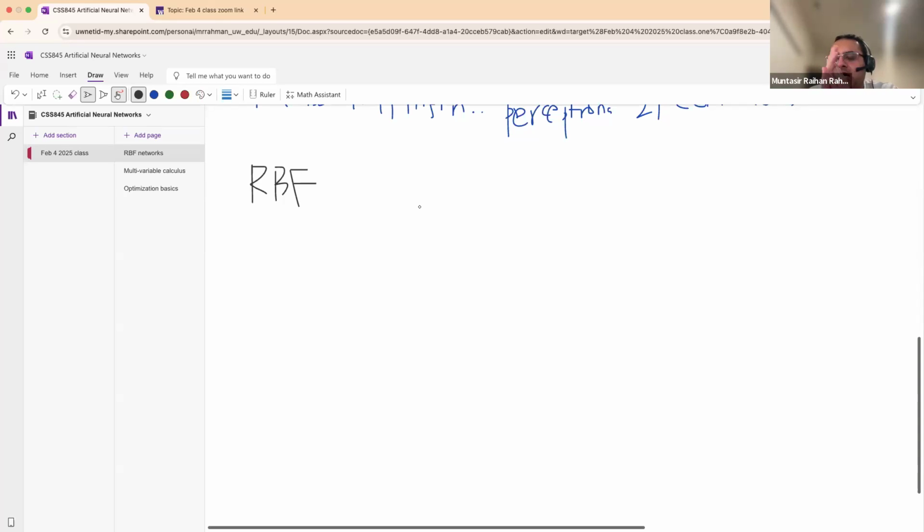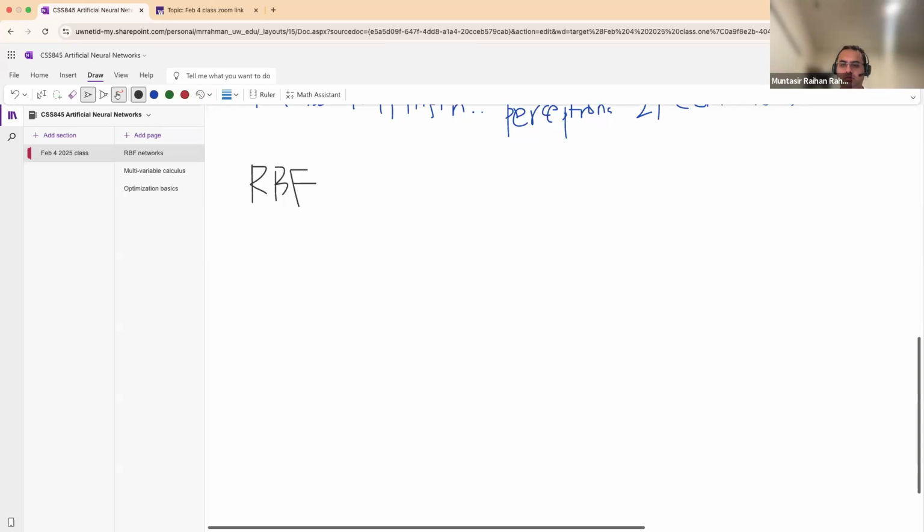The first way of generalizing is to think of one layer of hidden neurons, and that's where we saw that the universal approximation theorem tells us that's enough to model anything within some constraints. And then the RBF is an example realization of doing that. So let's take a look at that.